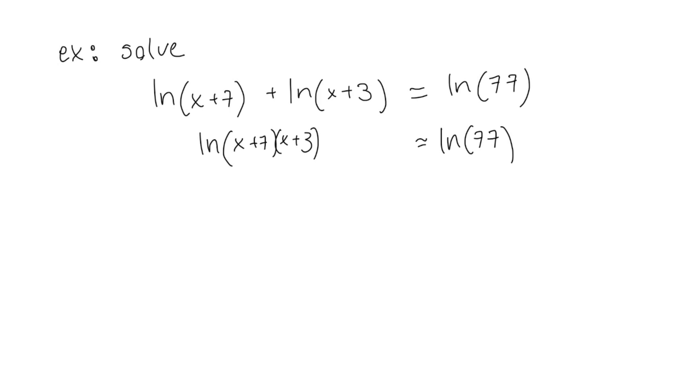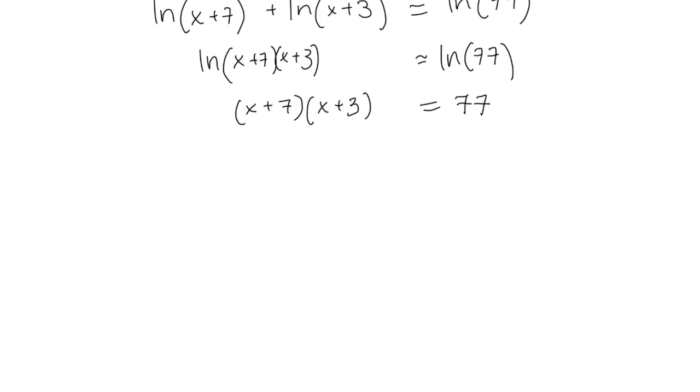Okay, now, if we have a single log equal to a single log, and again, the bases are the same, we can drop the logarithms and say that the only way for this to be possible is if x plus 7 times x plus 3 equals 77. Sorry, let me say that again. I was thinking ahead and just talking without actually saying what I was thinking about. x plus 7 times x plus 3 has to equal 77.